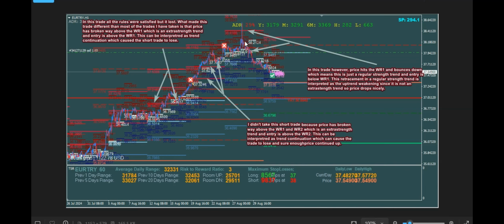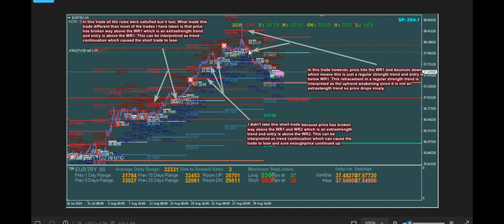Okay? So the interpretation is that this uptrend is weakening. This uptrend is not an extra strength uptrend. It's a regular strength uptrend.